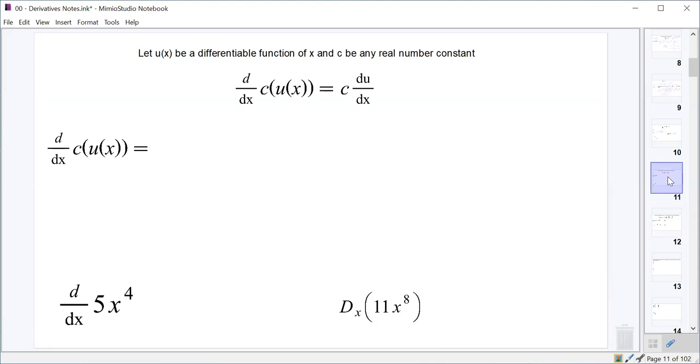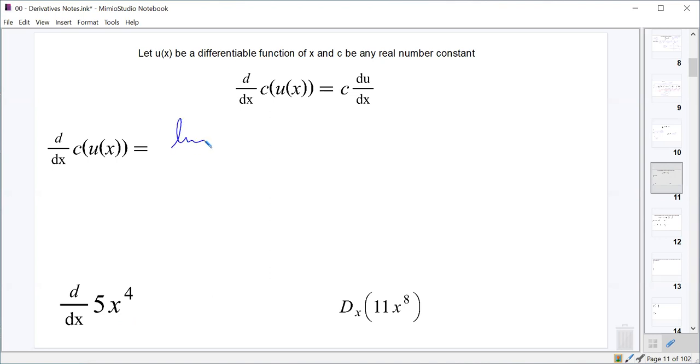So one little piece that we're going to add in here now is what happens if our function is being multiplied by a constant. And what if I have a constant times u of x? So down here, something like 5, a constant, times x to the 4th. Well, if we think about this as a limit, right?